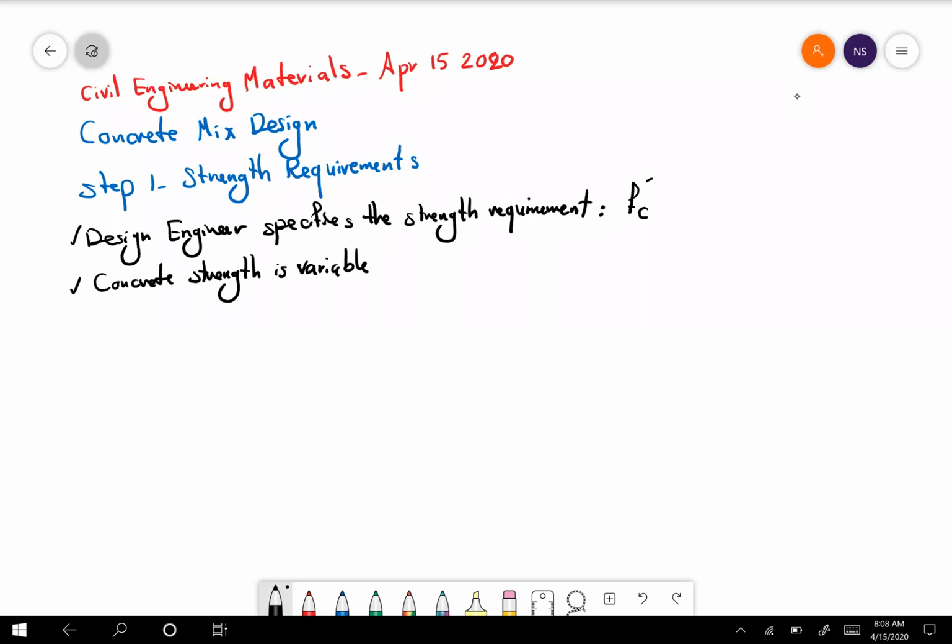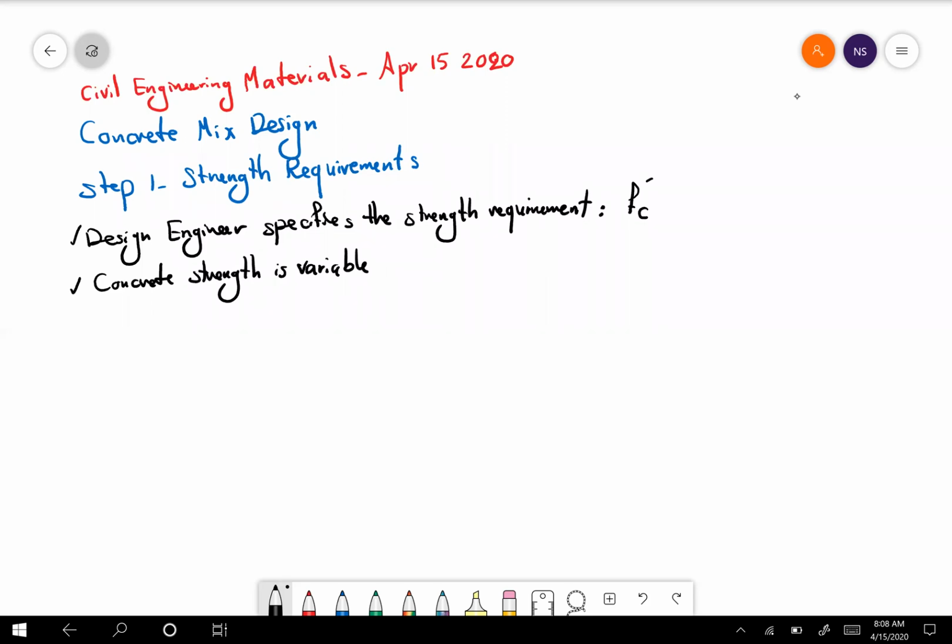And we are designing the concrete in a way that we assure that the final product has the minimum requirements.